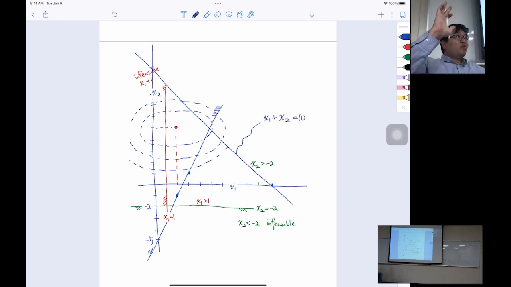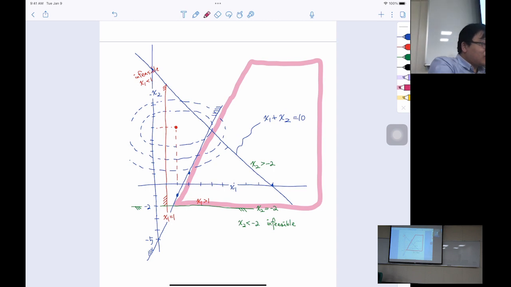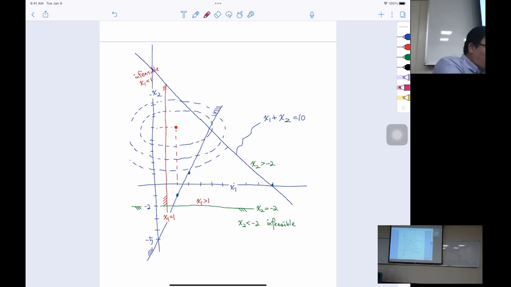So we must find the solution on this line. Without the line, the design space was this, right? But now with that additional equality constraint, I can only find points on here.